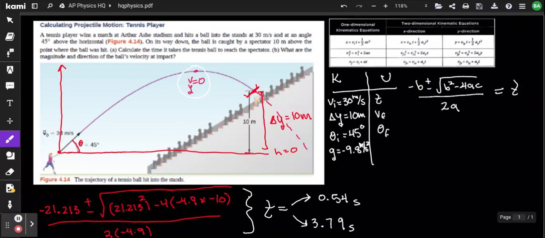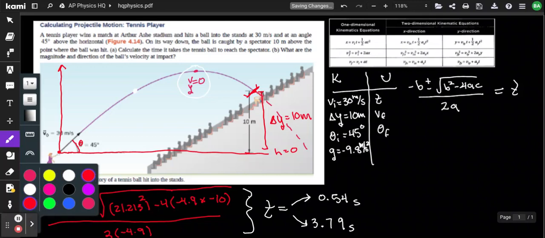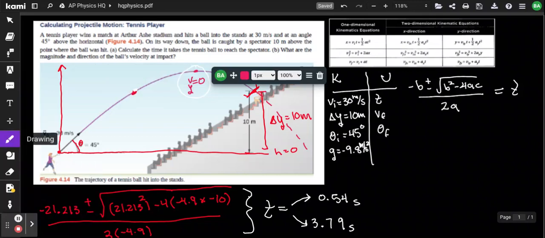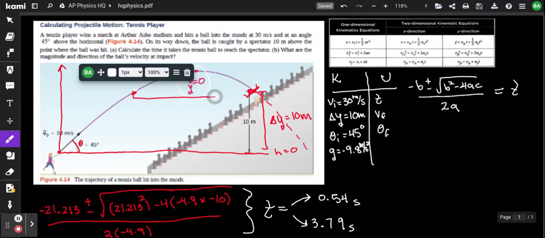In order to know which one it is, this tells us the time at which our projectile is at 10 meters. We know it's at 10 meters around both here and here. So these could be our two possible points at which our projectile is at 10 meters.